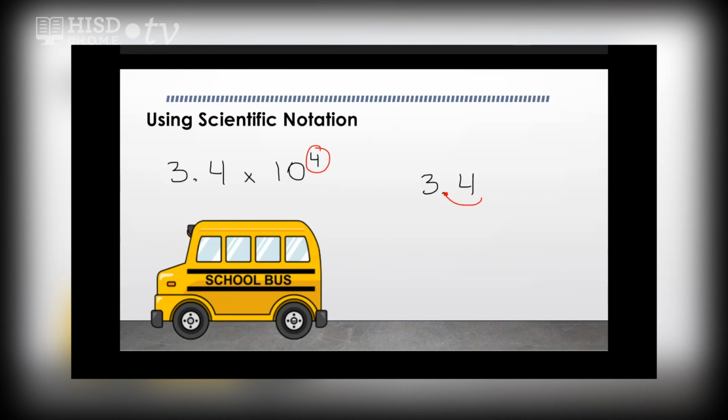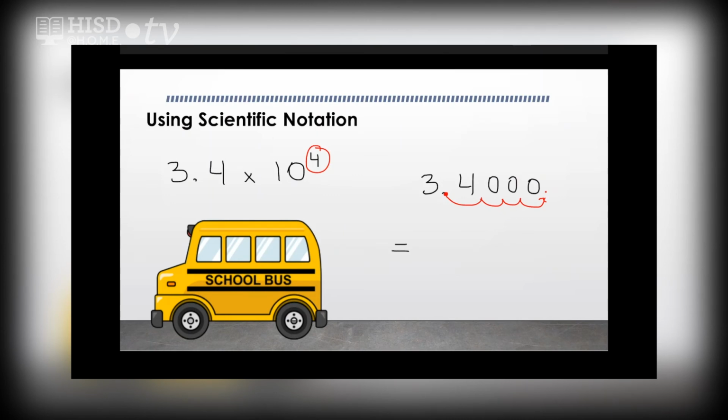So I'm going to move it once, that's one. Then I'm going to move it twice. I'm going to move it 3 times, and lastly, I'm going to move it 4 times. That means my new decimal point is going to be right here, and then all these spaces where I don't have any numbers, I have to fill with zeros. So I have 1 zero, 2 zeros, 3 zeros.